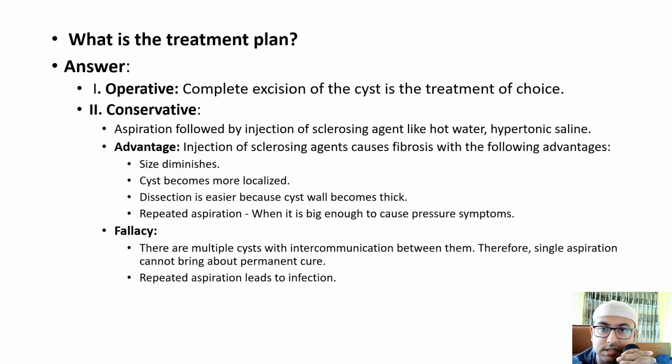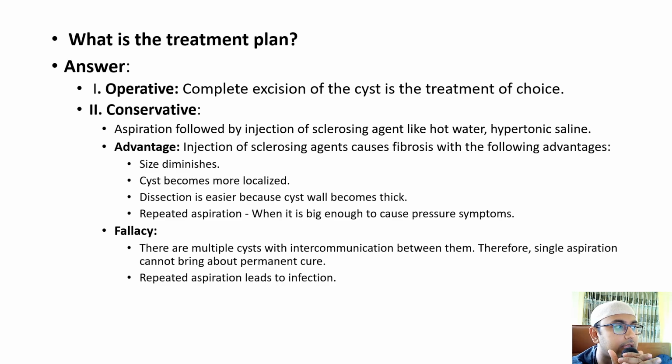What are the advantages of that? Size diminishes, the cyst becomes more localized, and dissection is easier because the cyst wall becomes thick. Repeated aspiration is done when it is big enough to cause pressure symptoms, so repeated aspiration causes decompression of the cyst.